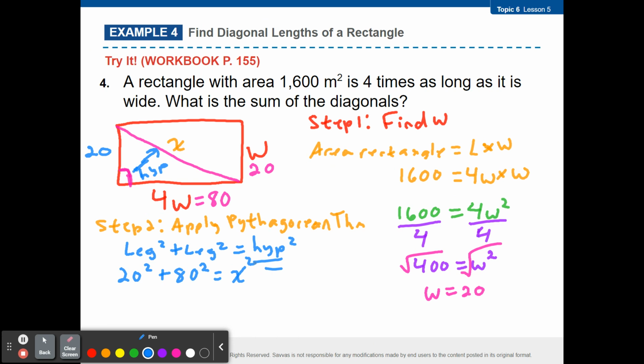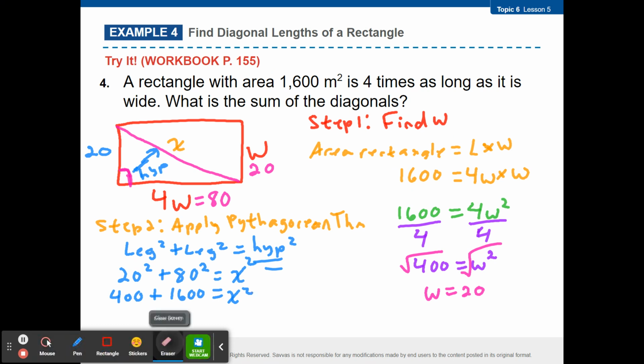All right, so this ends up being 400. This ends up being 1,600. Oh, wait, maybe not. Hold on. I think it's 6,400. Hold on, double check, sorry. Yeah, 6,400. Oops, sorry about that.